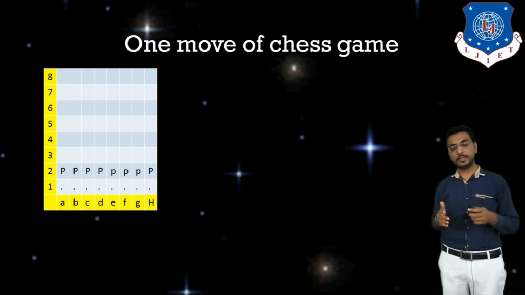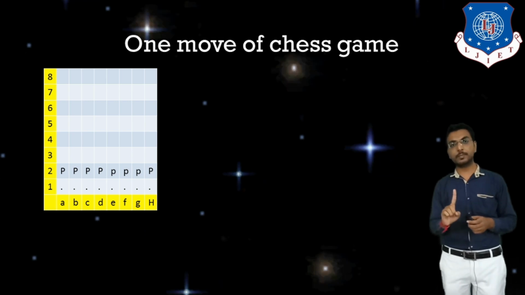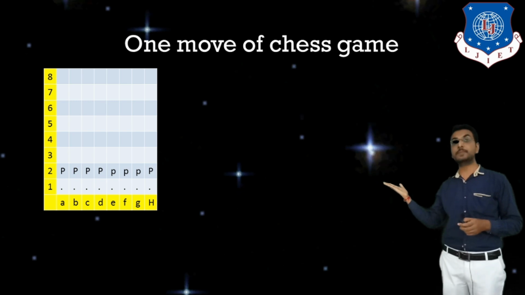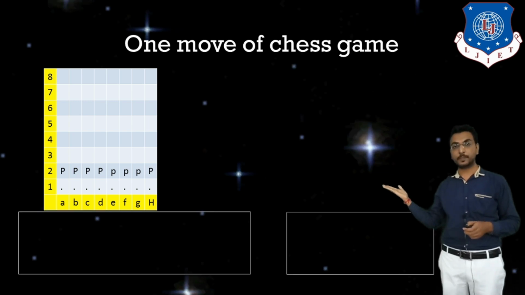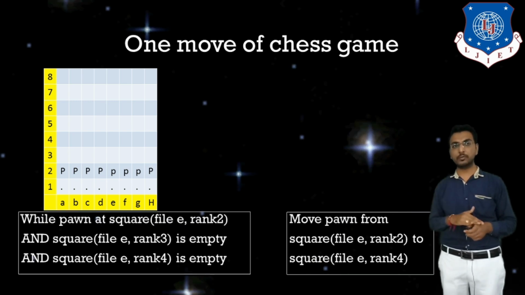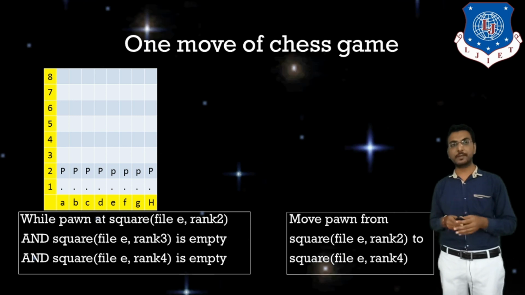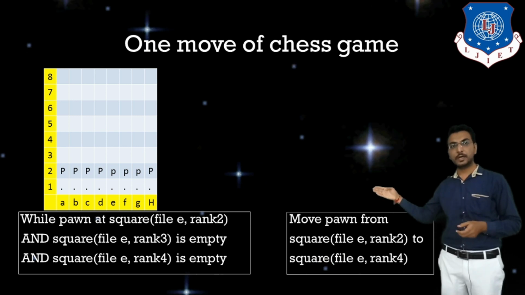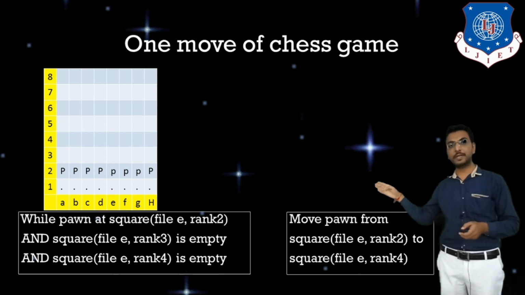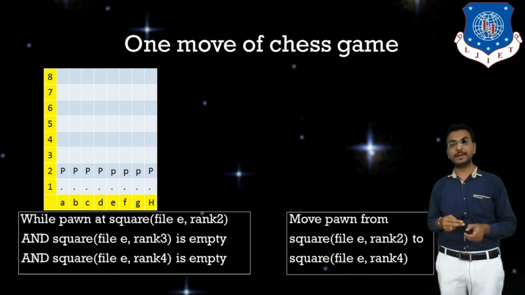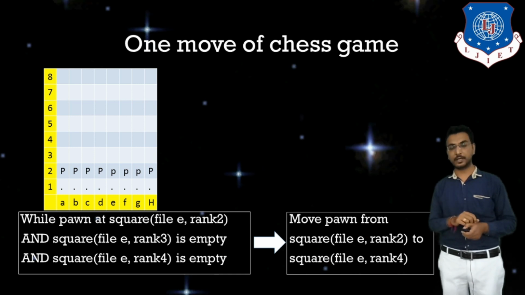Now, once a particular player starts with one move, how will that move be specified? Let us say the move is, for example, that I want to move a pawn which is on rank 2. That means the pawn at file e, comma, 2 can be shifted by 2 positions.